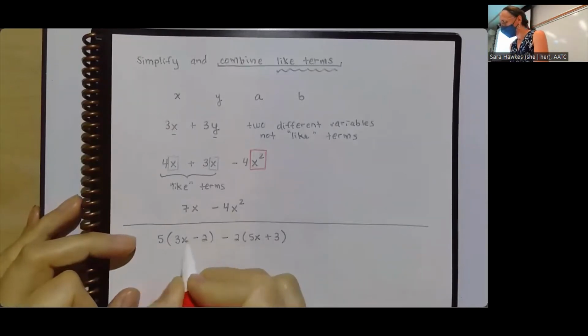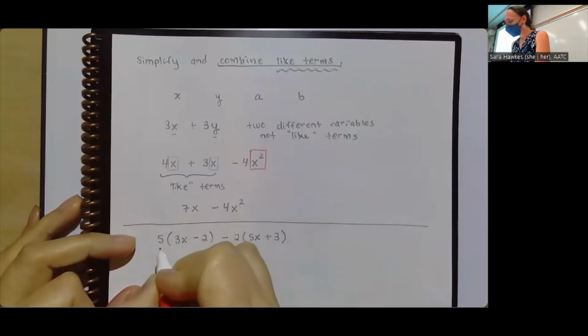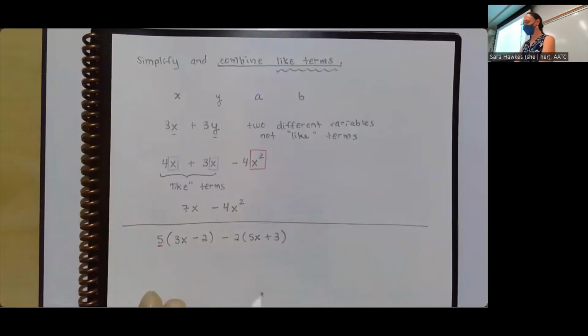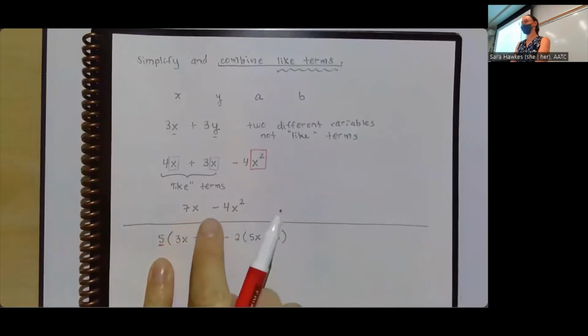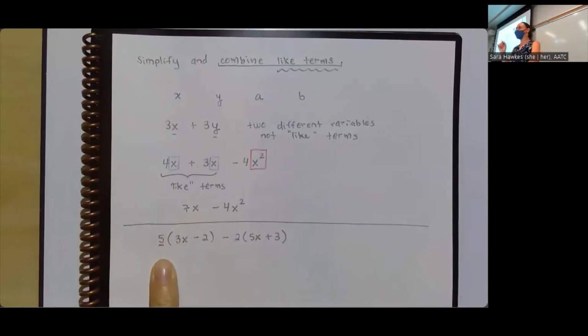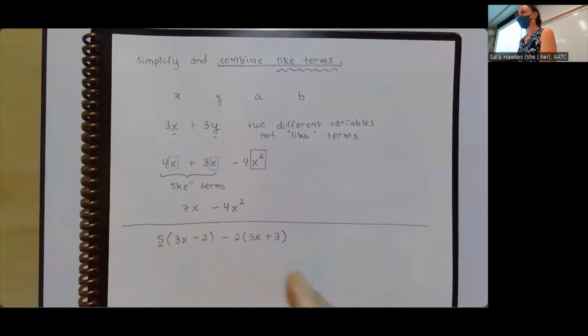Okay. So I'm about to use the distributive property, which means when I look at this multiplication, this 5 is being multiplied by everything that's inside of the parentheses. I like to keep track of that by drawing little rainbows. You don't have to draw rainbows. I'm going to draw rainbows.